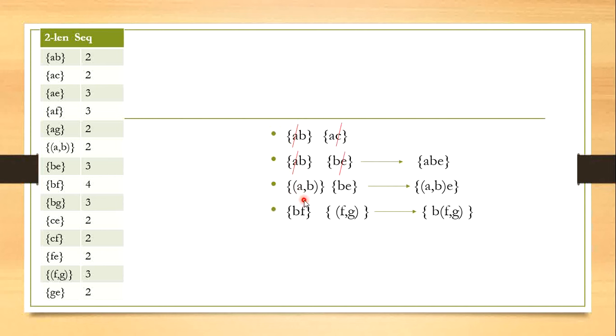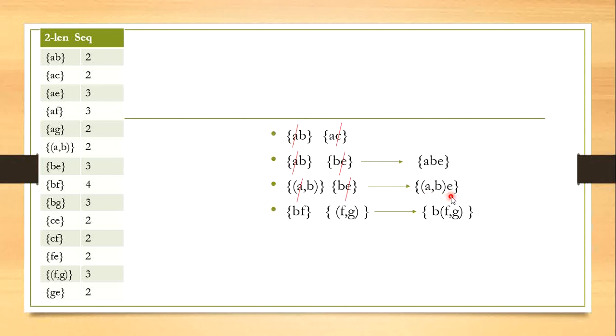So let us also consider this example. The first element of S1 and the last element of S2 is removed, and the subsequence obtained from S1 after removal and from S2 after removal is the same. We have obtained B. So we can combine these two sequences. And now after joining we got this three length sequence. Here if you observe, A and B are within the same transaction and E is in another transaction.